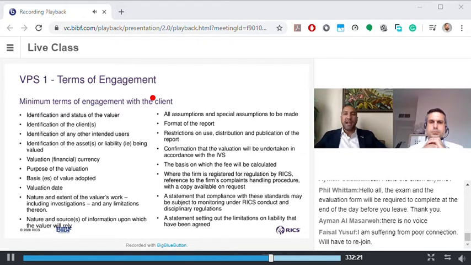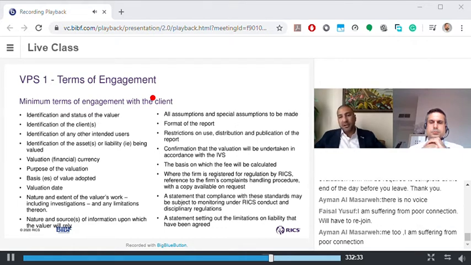You would have an annual contract that has the identification of the status of the valuer and identification of the client, but it wouldn't have any other intended user. It wouldn't have the identification of the asset. It would not have the currency, the purpose of value, the basis of value, or the valuation date, right? So essentially, there is a contract that you have with the vendor.